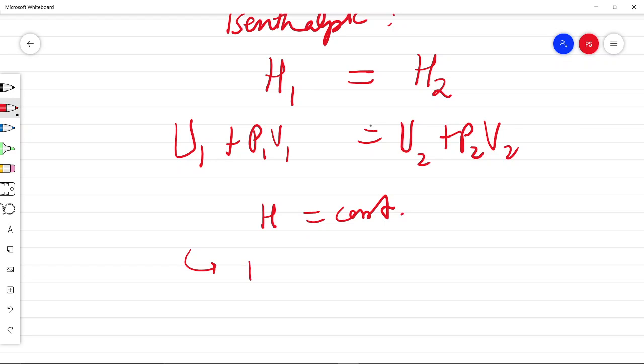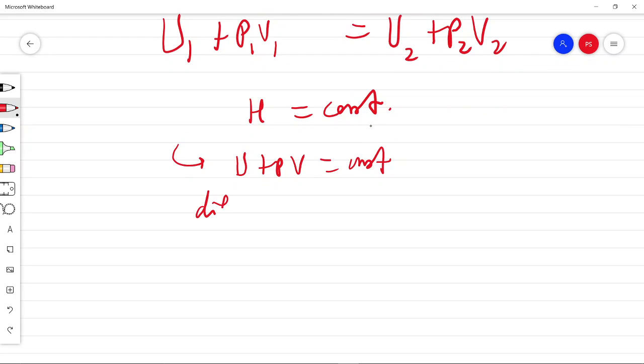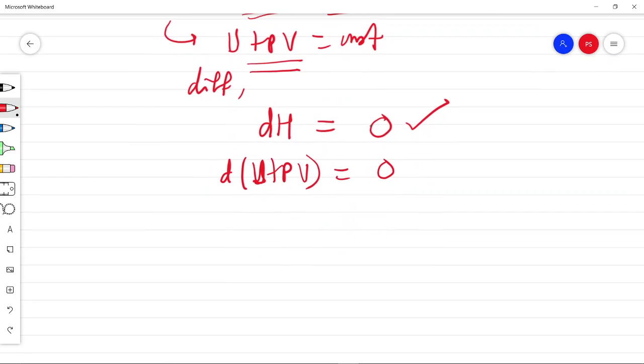We should note that H is U plus PV, which is a constant. So if we differentiate this, we get dH equal to 0, since it is a constant, its derivative has to be 0. But dH is nothing but the derivative of U plus PV, since H is U plus PV, is 0. Now d of U plus PV is simply dU plus PdV plus VdP, which is 0.